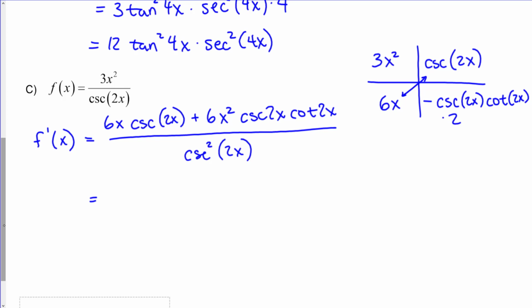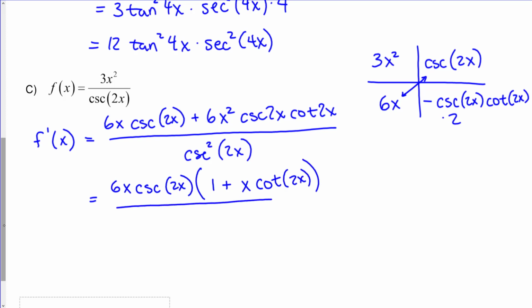There is a factor of cosecant 2x in each term of the numerator. There's also a factor of 6x as well. So I'm going to factor out 6x cosecant 2x from the numerator, which would leave me 1 plus x cotangent of 2x.